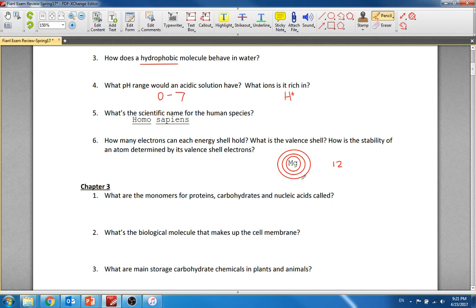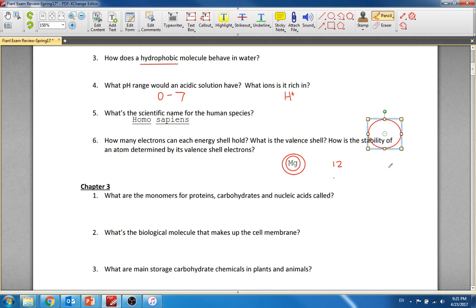So you put 2 in the first energy shell, 8 in the second energy shell, 2 in the valence shell. However, that's not stable because it's not completely filled. So therefore, magnesium actually tends to lose those 2 electrons.